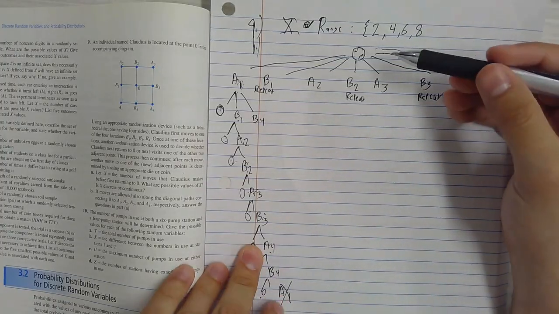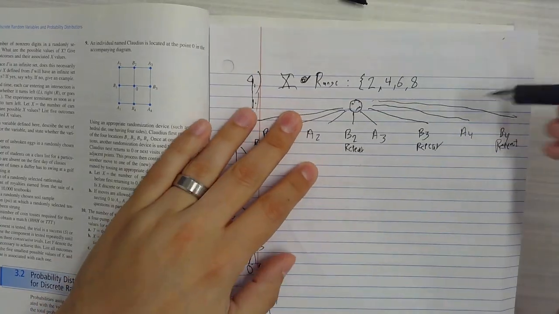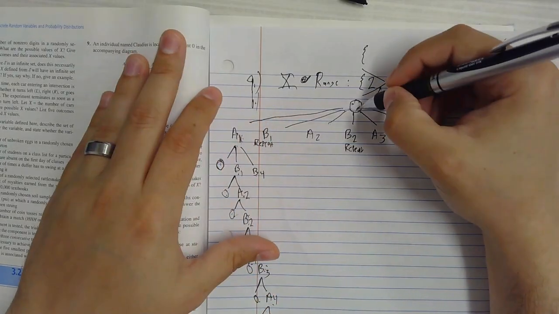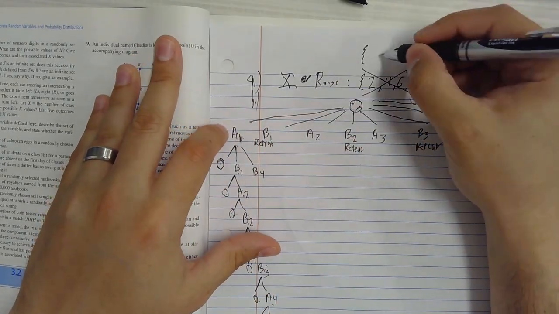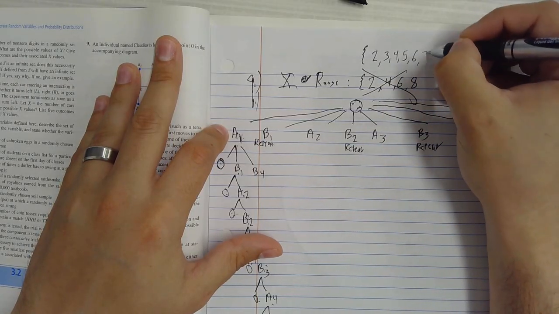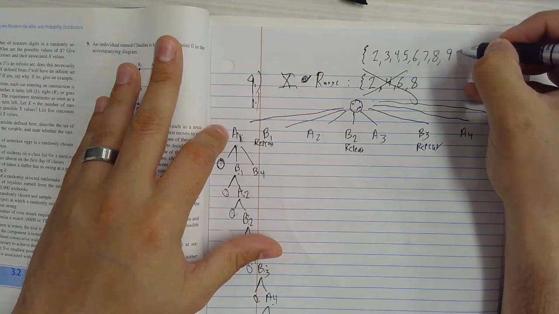So basically the range is going to be 2, 3, 4, 5, 6, 7, 8, 9.